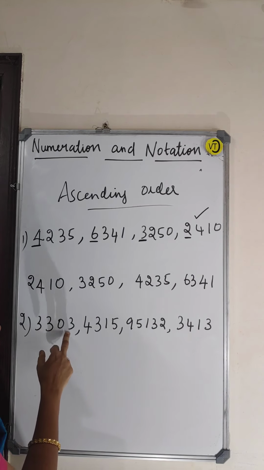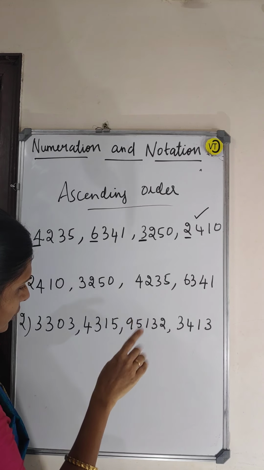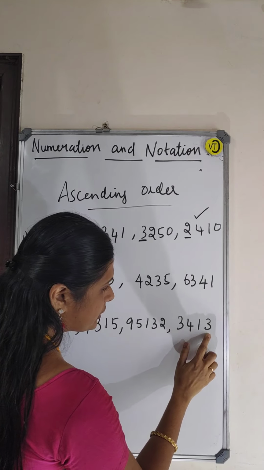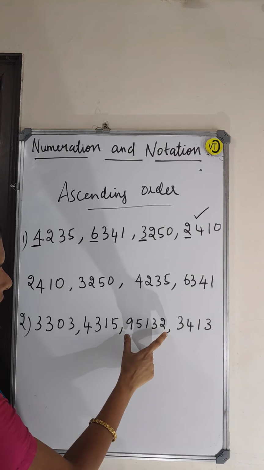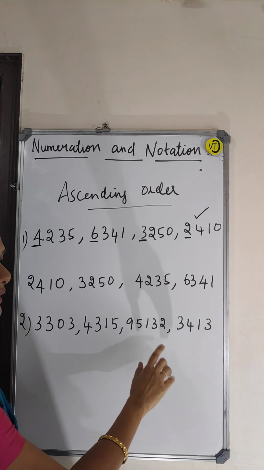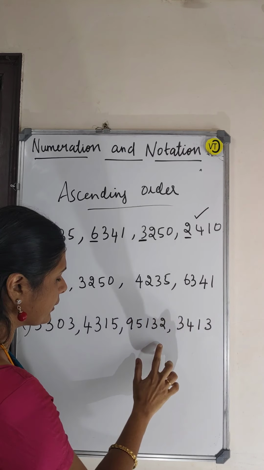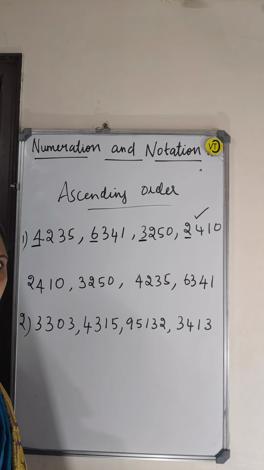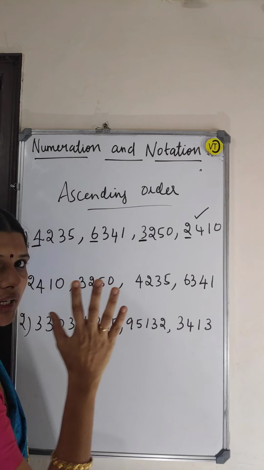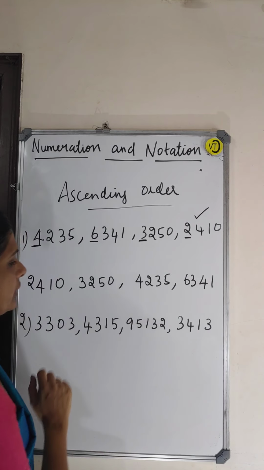See, 1 2 3 4. 4 here, again 4 here, 1 2 3 4 5 here, again 1 2 3 4. This is the only number you have to put last, because it's a 5-digit number, right? You have to put it last. It's a very big number when compared to all. I'm not even comparing. I can tell you, because this is a 5-digit number. This is a very big number.